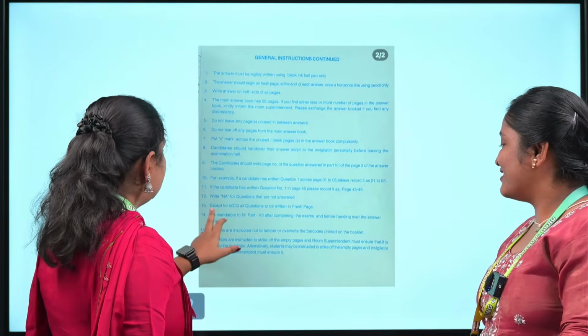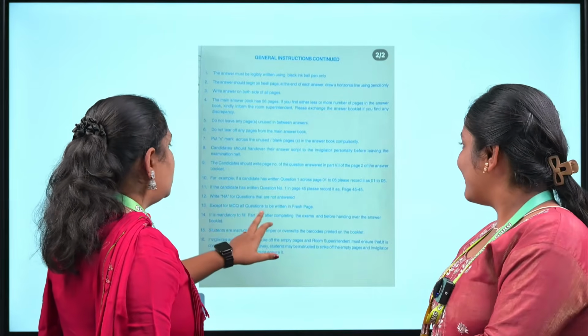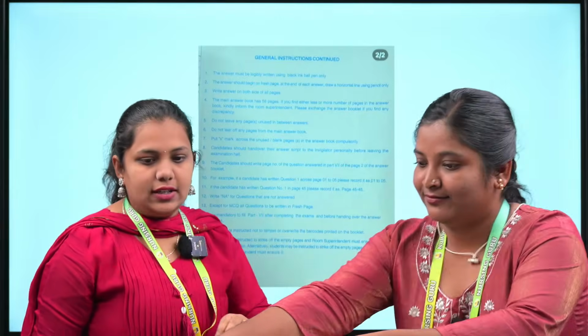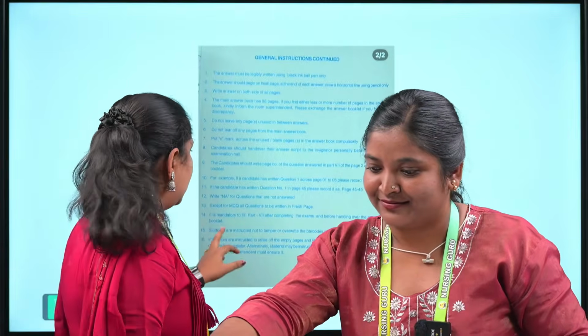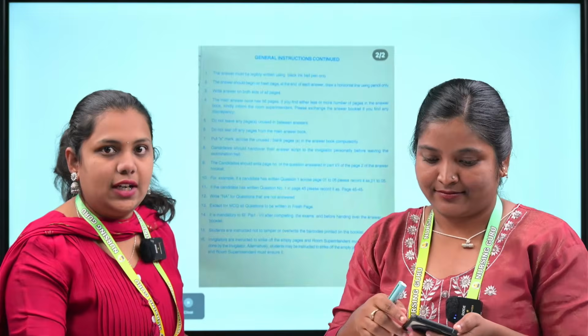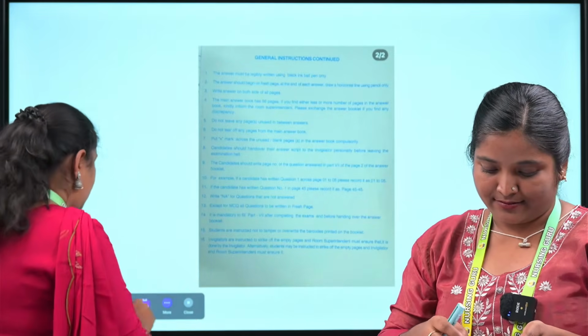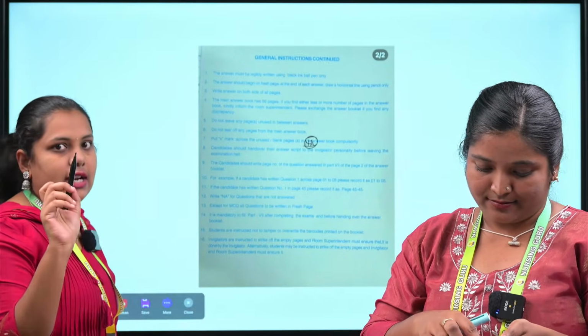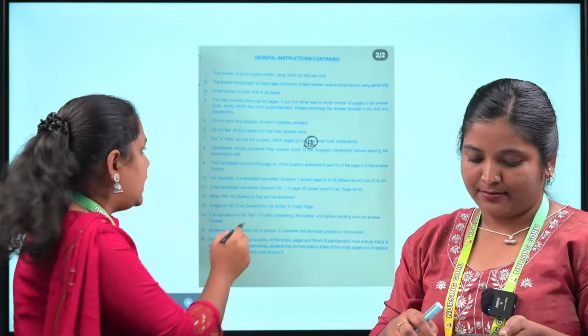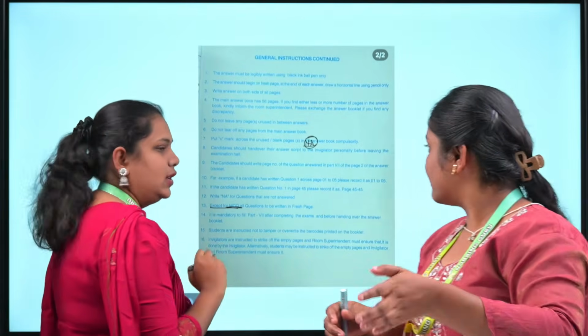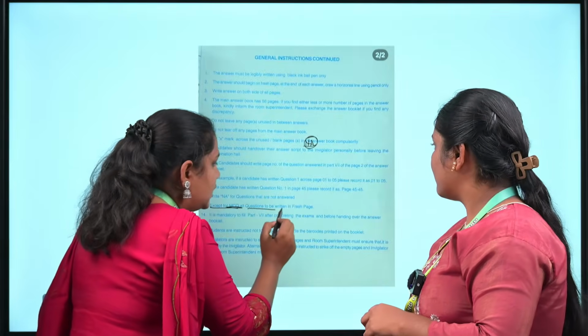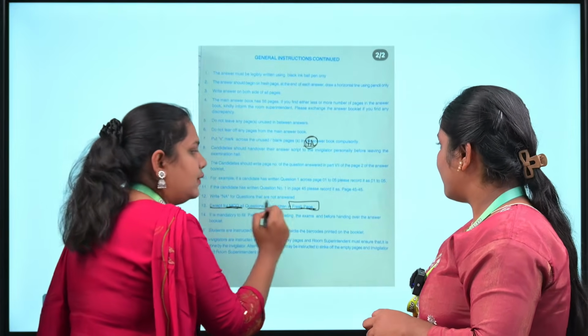Okay, next is, except for MCQ, all questions are to be written on fresh pages. You will have 12 MCQ questions, so keep in mind that you can write all 12 on a single sheet. Except MCQs, you start other questions on a fresh page.